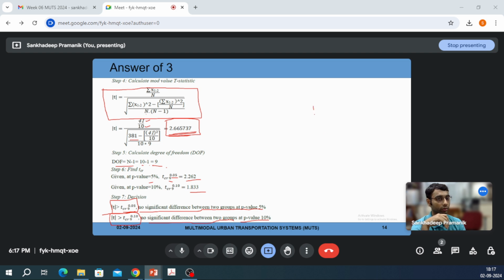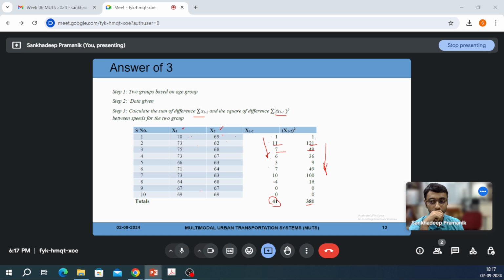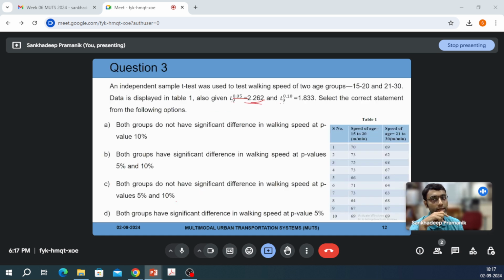You need to go by the chart and may have to find this 2.262 value, and compare it with the statistics to know whether there is a significant difference or not between two age group or between two samples. So option C will be the correct answer.